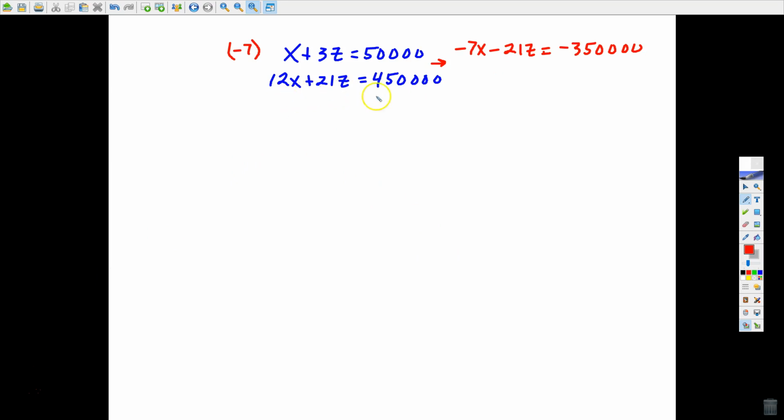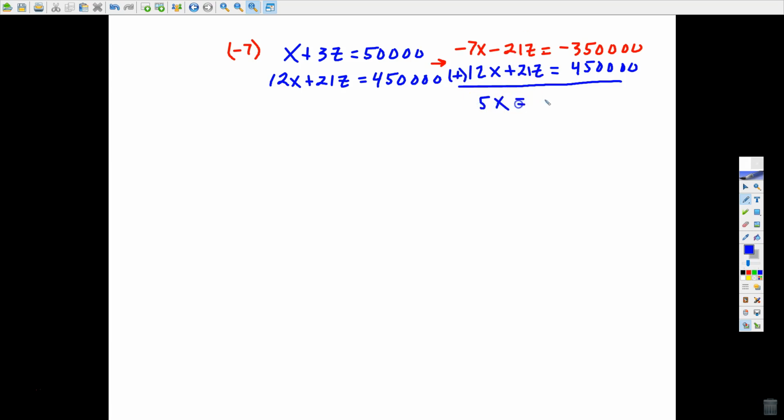And we didn't have to do anything to the bottom equation. 12X plus 21Z is 450,000. And so to eliminate Z, we're going to add all the way across. I get 5X.